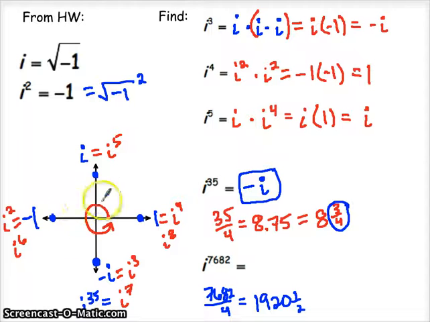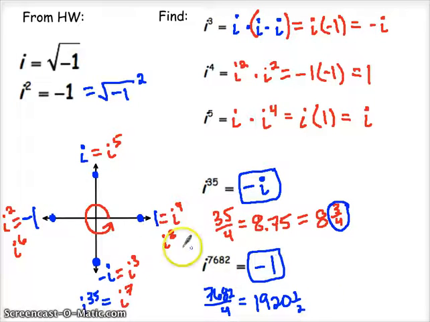Well, that's 1,920 full cycles with an additional half a cycle, which again, if you're starting at 1, for any time 4 goes into 4 evenly, 4 goes into 8 evenly, that extra half is going to take us over here, leaving us with i squared, or essentially -1. An extra half a cycle puts us halfway around that circle.